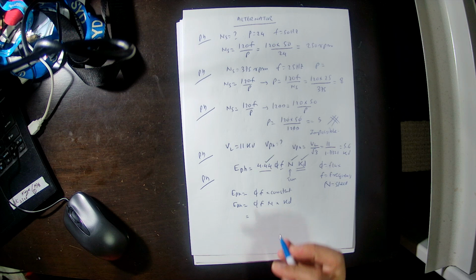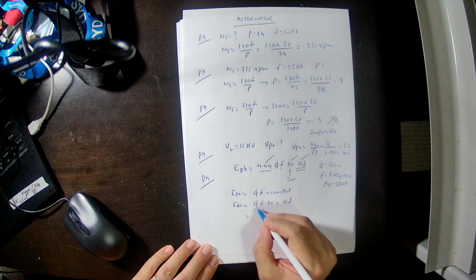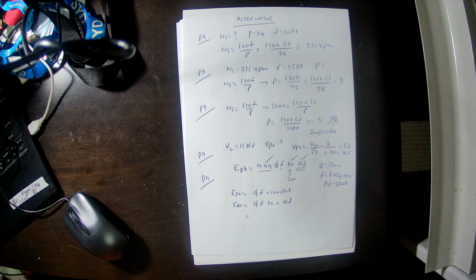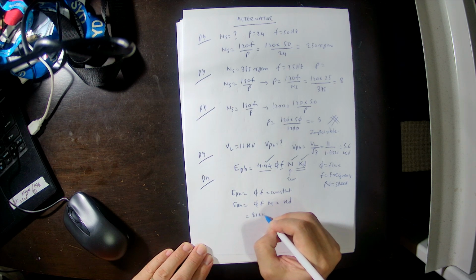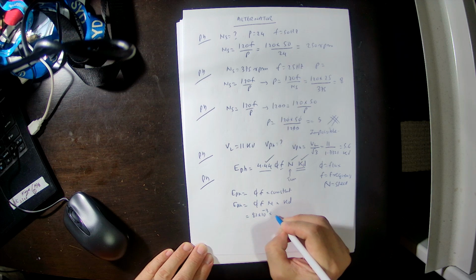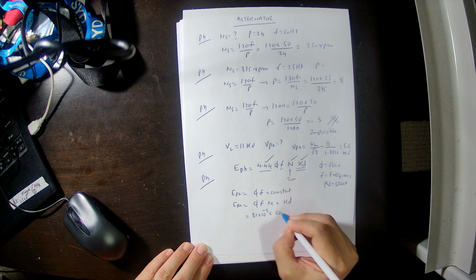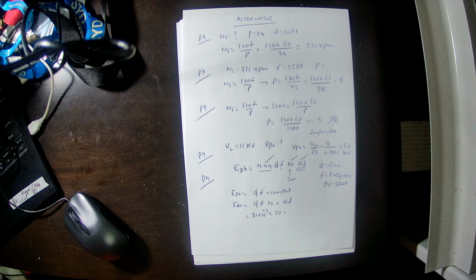The flux is given. How much is the flux? 81 milliweber, 81 into 10 power minus 3. Frequency is 50 Hz. Number of turns is 364.